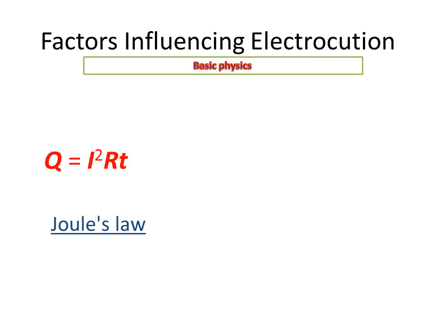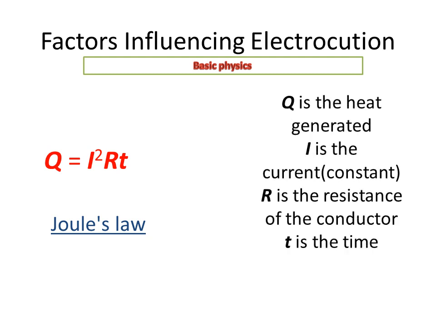This is represented by the formula Q is equal to I square RT. Here Q is the heat generated, I being the current strength, R being the resistance, and T is the time.